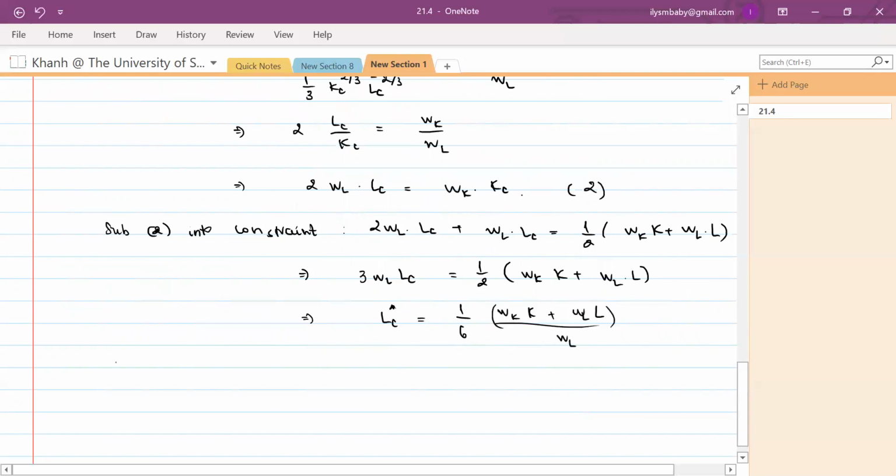And again, if I sub the value of optimal labor into the second condition, then I'll be able to find the optimal amount of capital.